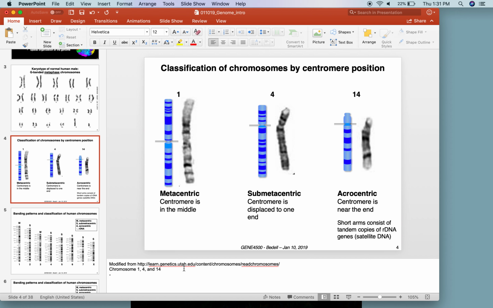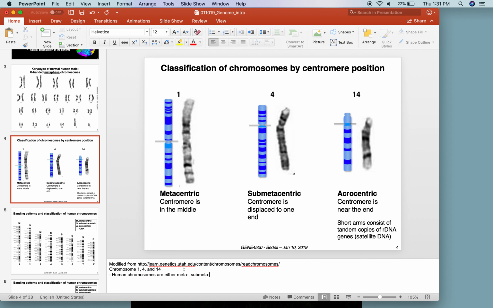Human chromosomes are either metacentric, where the centromeres are about in the middle and the 2 arms are about equal size, submetacentric, where the centromere is positioned slightly off-center, or acrocentric, where it's very close to the end.